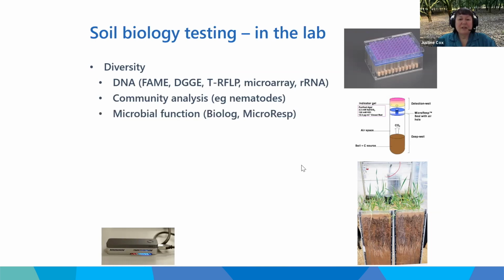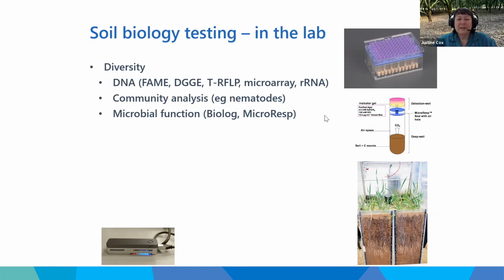Then microbial function, so looking at the carbon use. This is MicroResp, which is a tool that our colleagues use here to estimate the diverse use of different carbon molecules.